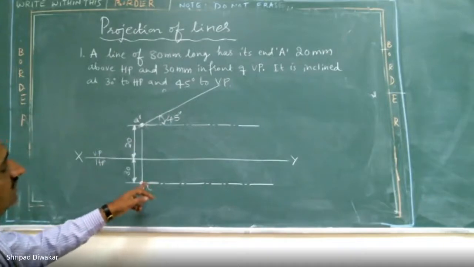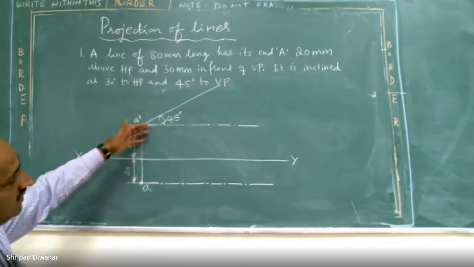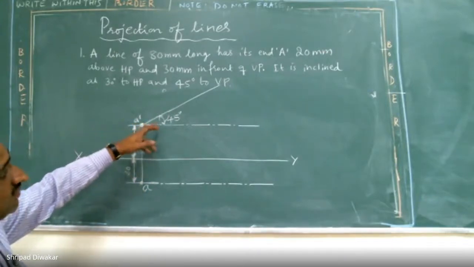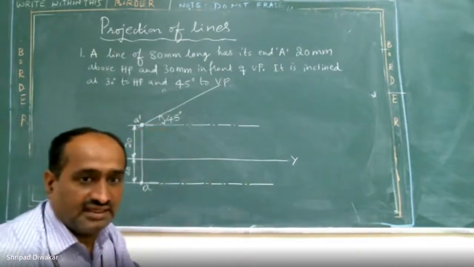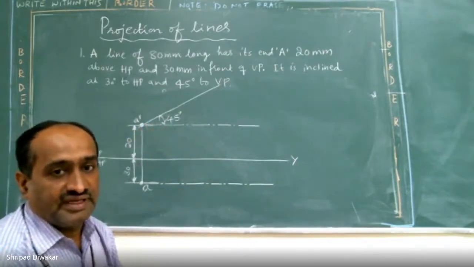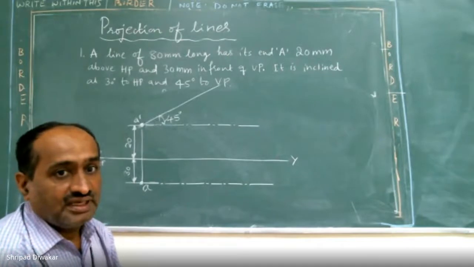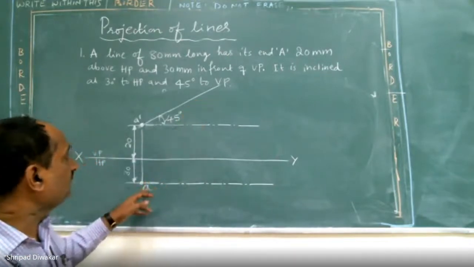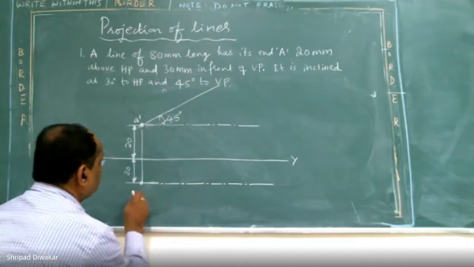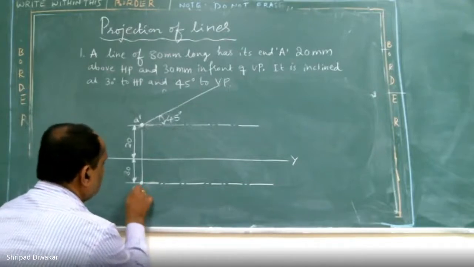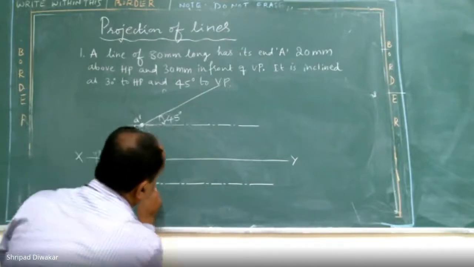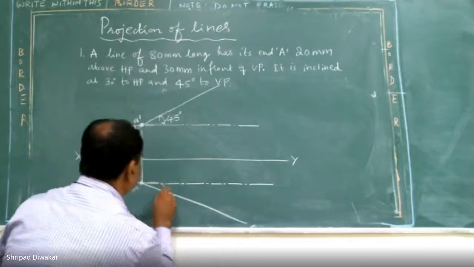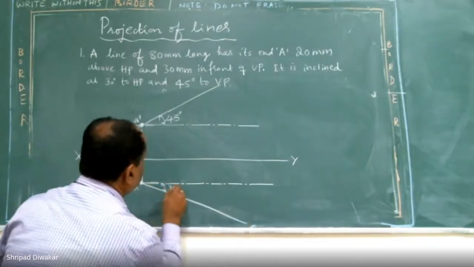So after drawing the locus line, you have to draw a line at an angle of 45 degree. Similarly, it is inclined at an angle of 30 degree to VP. VP means you take a 30 degree line, draw a line.